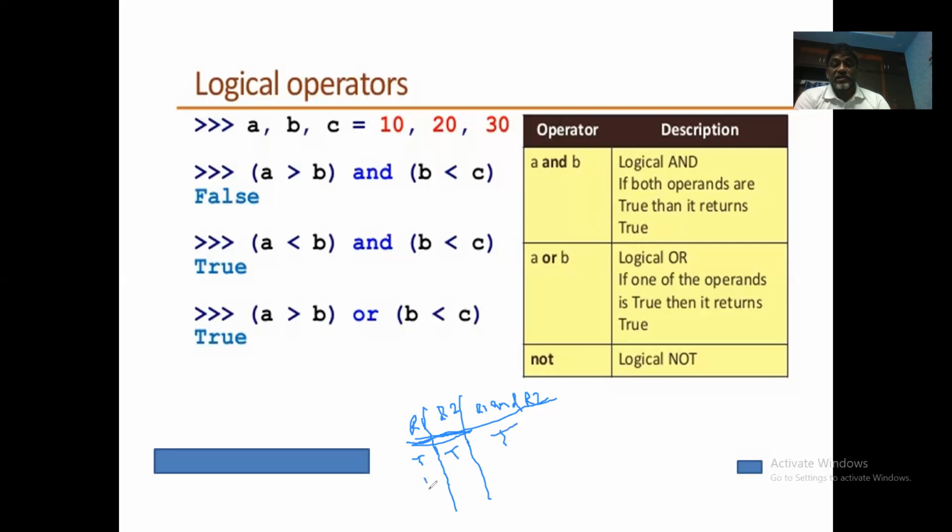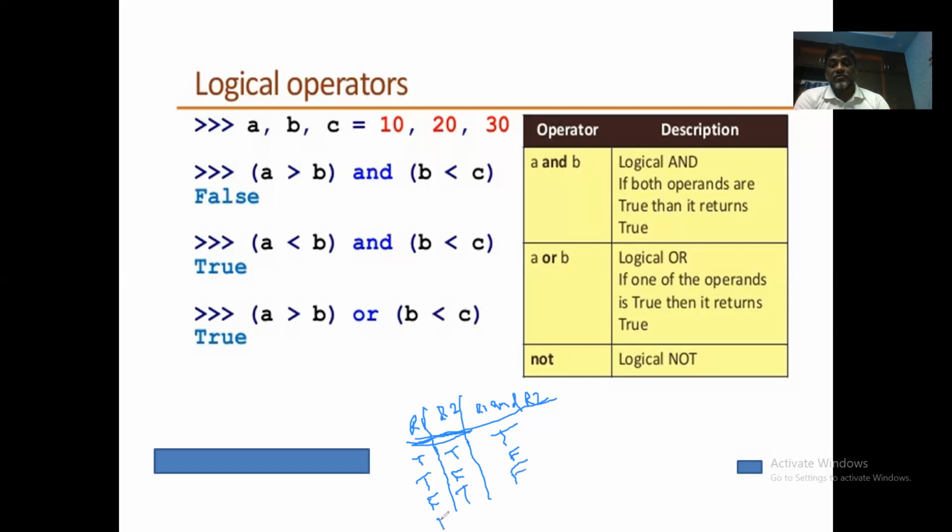In all other cases, that is, we'll get 4 cases here. If R1 is true, but R2 is false, then the result is going to be false. And if R1 is false and R2 is true, R1 and R2 is going to be false.